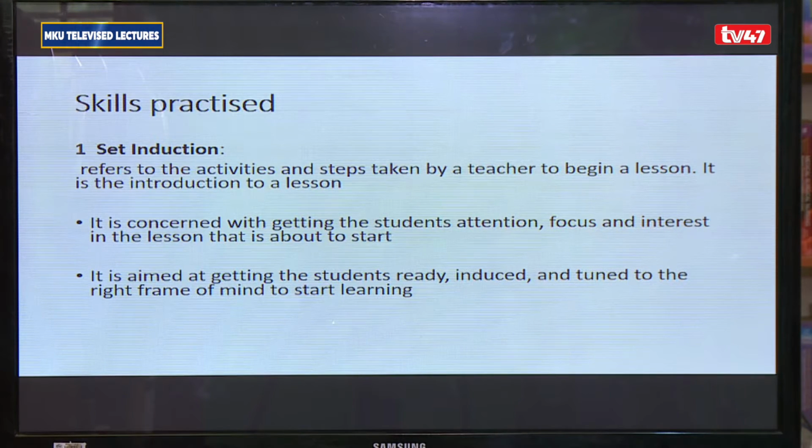There may be things that may have been left on the chalkboard. There may be charts that are on the chalkboard, and you do not want them to become a distraction to your lesson. So as part of the preparation, as part of the introduction, you get rid of anything that might distract your students in terms of what was on the board, textbooks they may have been using, exercises they may have been attempting, or other activities that may have been going on in the previous lesson.